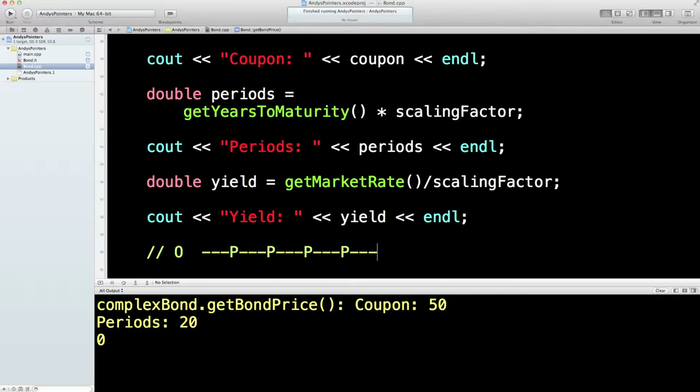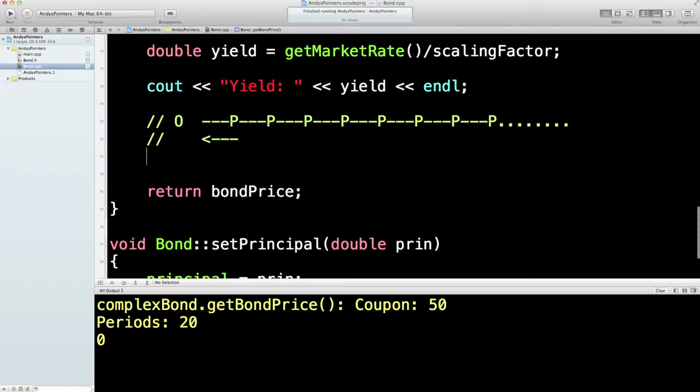Looking out into the future, payment, payment. Oh, sorry, I should have used C for this, shouldn't I? Payment, payment. Oh, I've just jumped in time there, etc., etc., etc. What I need to do then is I need to present value all of those payments.